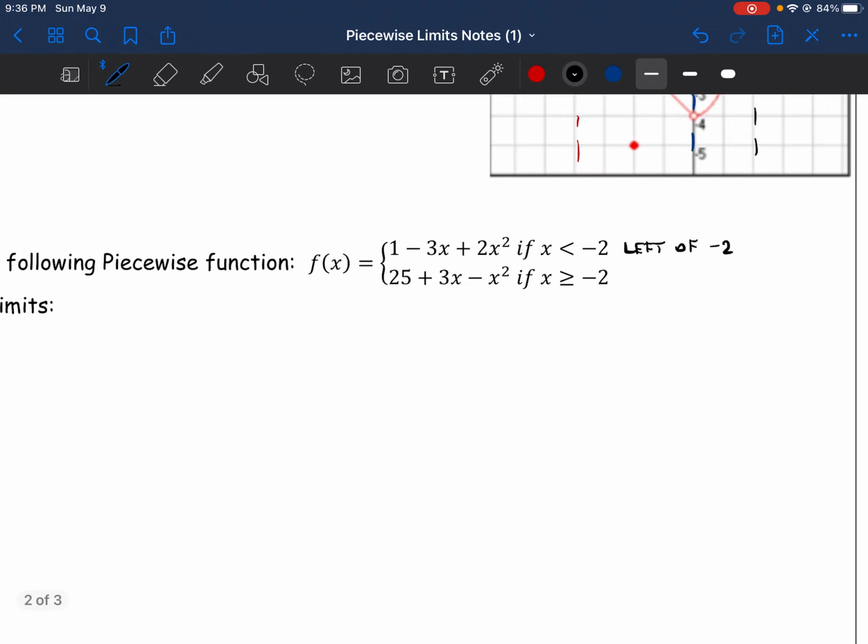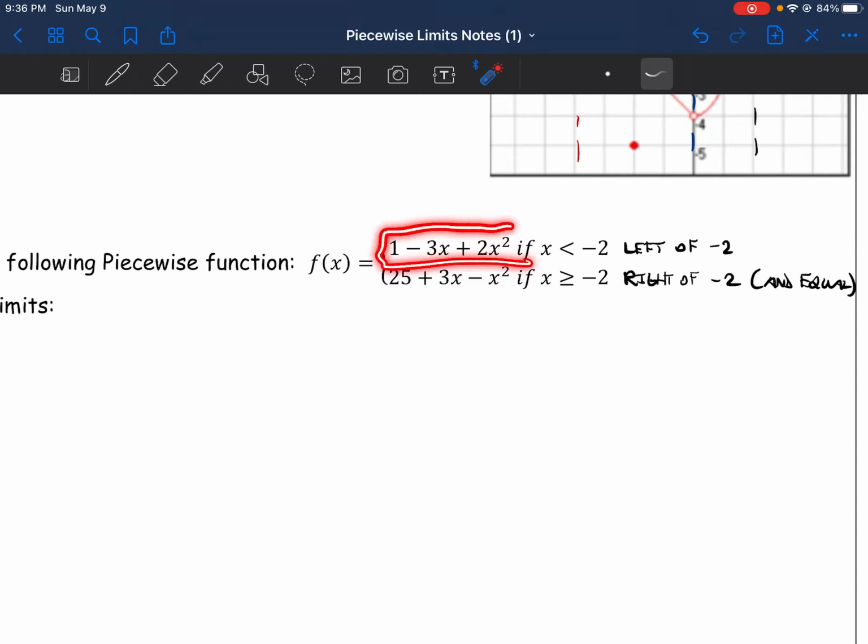So this is right of -2, and also equal to -2. So these are the two curves we're looking at. If the x values are to the left of -2, we would use this function. If the x values are to the right of -2 or equal to -2, we will use this function.